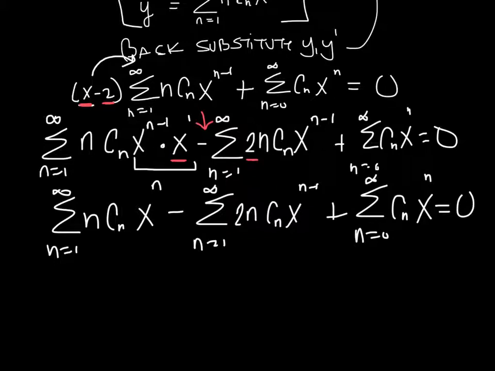Okay, so we multiplied in our x and our negative 2, and one of the things that you want to make sure is that your variable, okay, so we have these powers of x, so we have x to the n minus 1, and then we have x to the n. We want to have x to the same power, so x to the n.